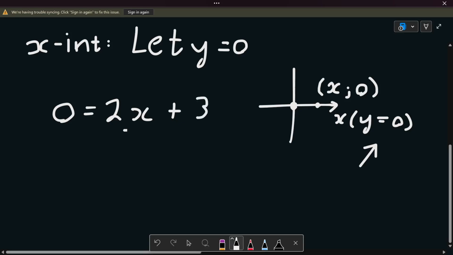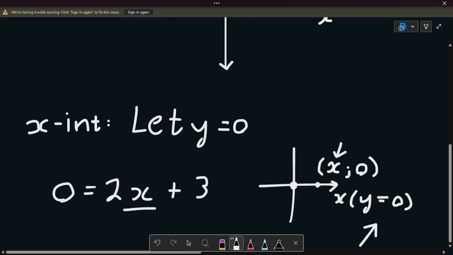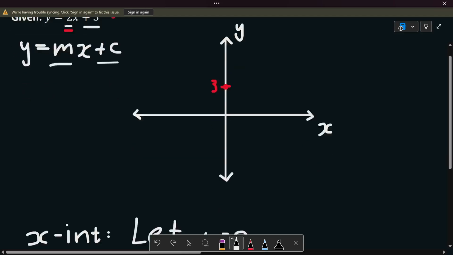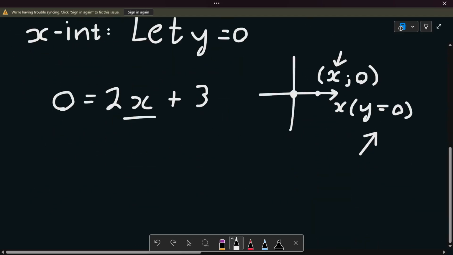Can you see now that we only have one variable and we need to find that variable, and that variable is going to be x? In this case, we're talking about this graph over here. So let's try and find that x value. We need to solve for x. So our first step, if you can remember from the videos that I've posted on solving for x, we can minus both sides by 3, so we have minus 3 on this side, which is equal to 2x on its own.